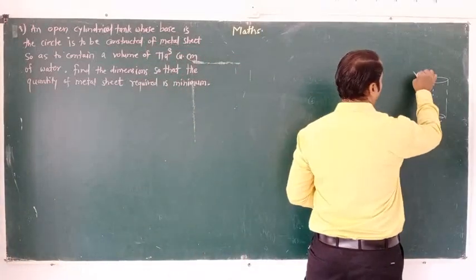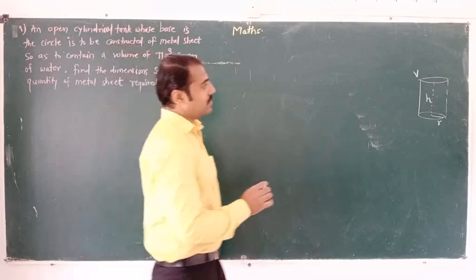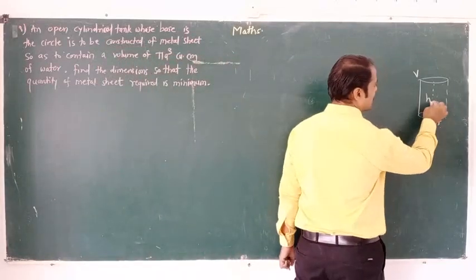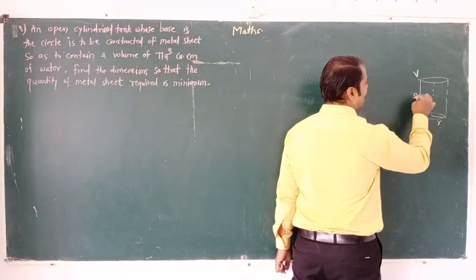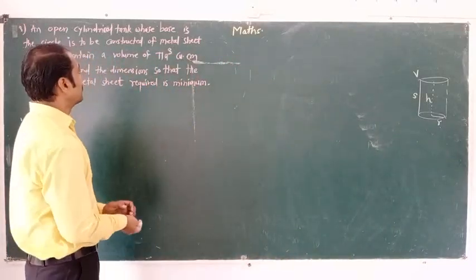So for a cylinder, there are how many terms? Base radius, height, volume and surface area or total surface area.